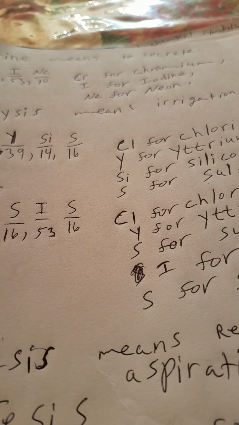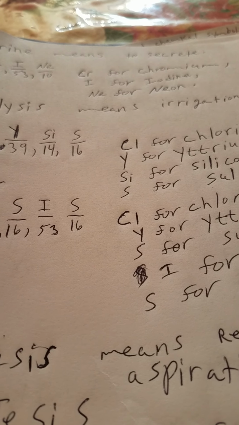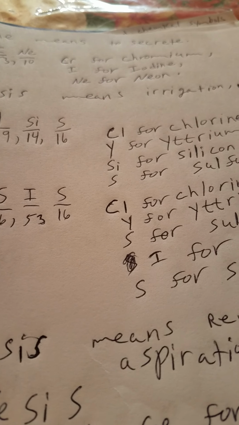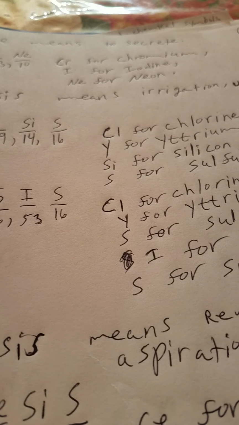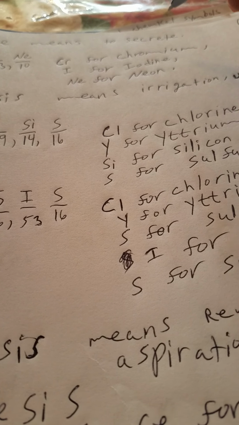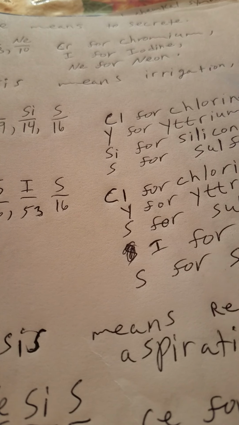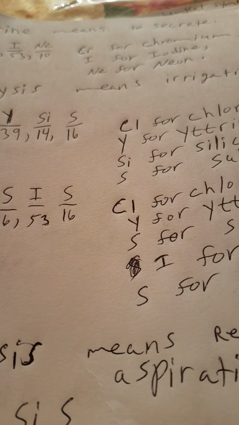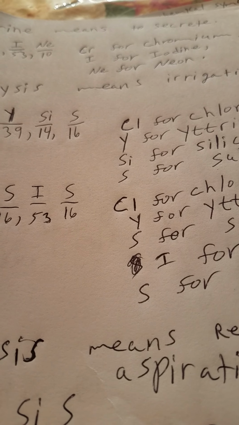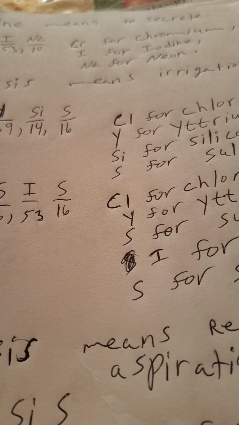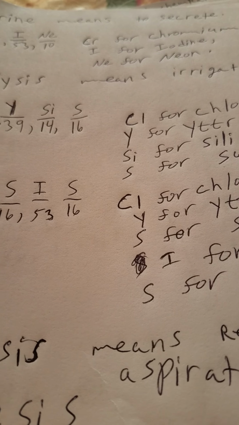It took many years to formulate an easier way to remember these things on a periodic table of elements. All these things have to be memorized, and I came to the conclusion that you can incorporate the chemical symbol and atomic numbers of the elements of the periodic table with medical terminologies and abbreviations and acronyms and stuff like that. I made some videos on this, and I wish to continue this today.